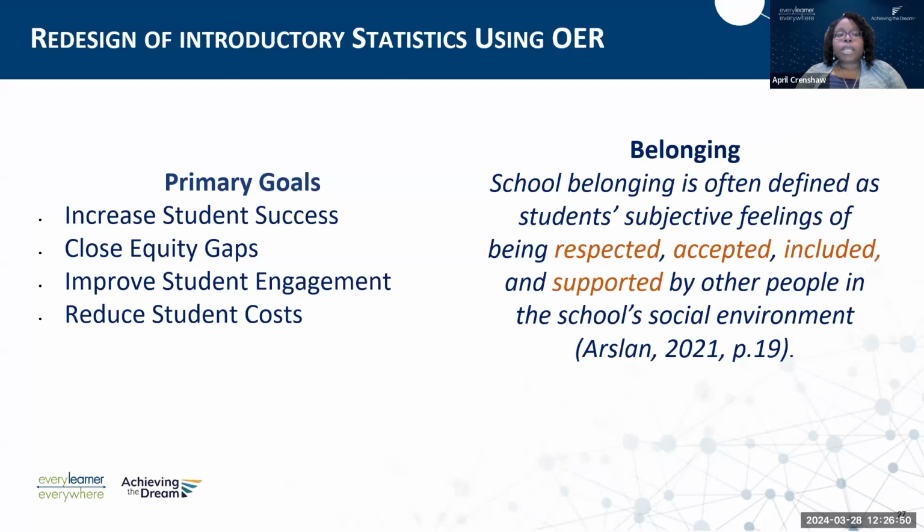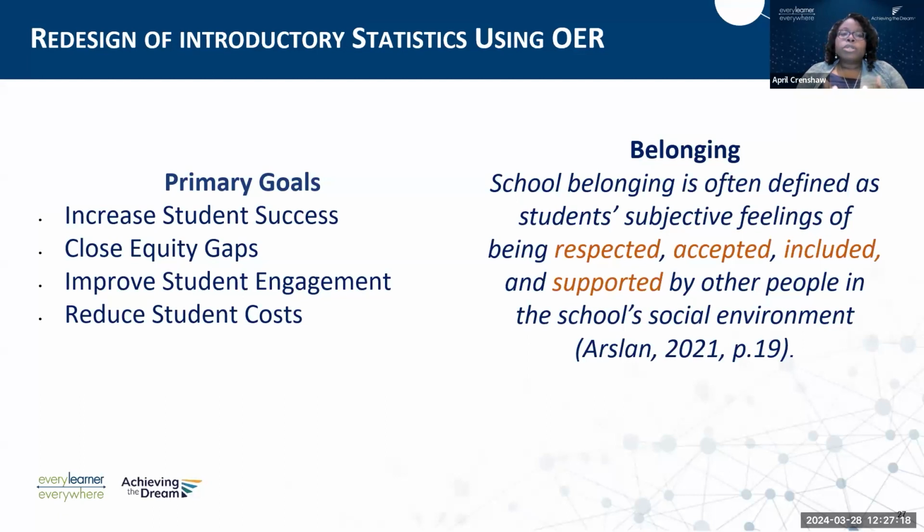And so we decided that we were going to do a redesign of our introductory statistics using OER. And why we chose that class, and our primary goals for that redesign, were to increase student success. On our campus, historically, success rates were around 61%.